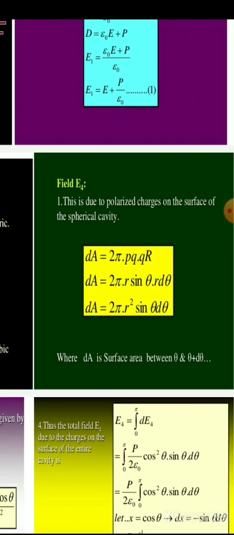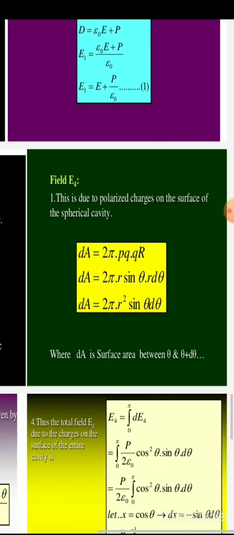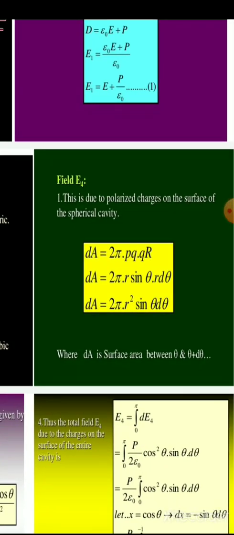E4 is due to the polarized charges on the surface of the spherical cavity. dA is 2 pi into PQ into QR. I have done some rough work, and I'll explain.